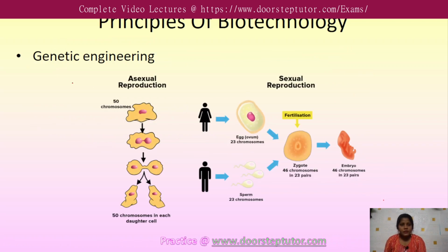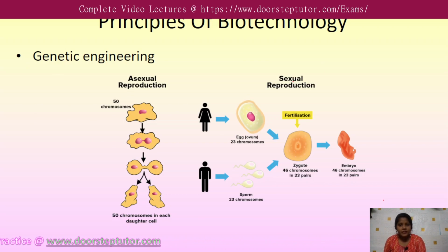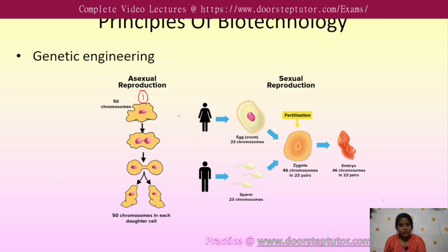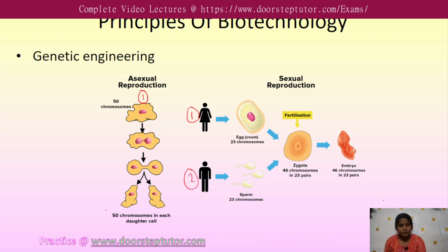So first we will see the basic difference between asexual and sexual reproduction, as we are dealing with genetic engineering. In case of asexual reproduction, as you can see over here, only one parent is there. In case of sexual reproduction, two parents are involved.